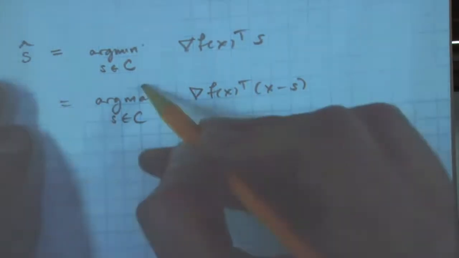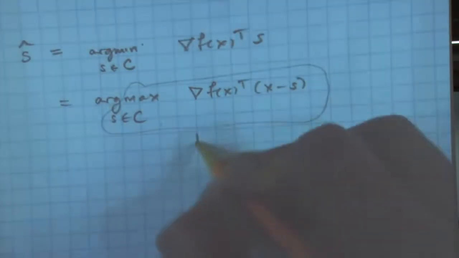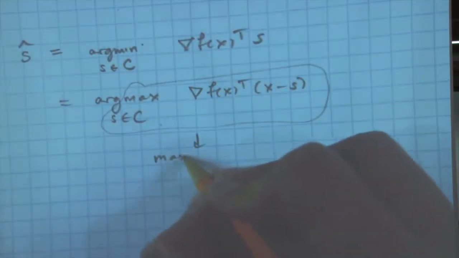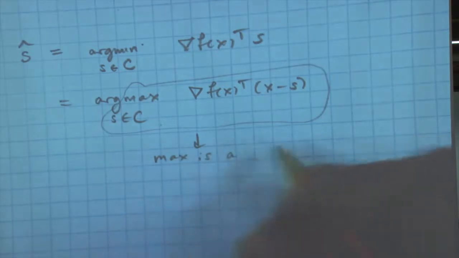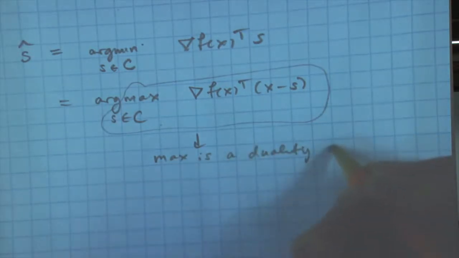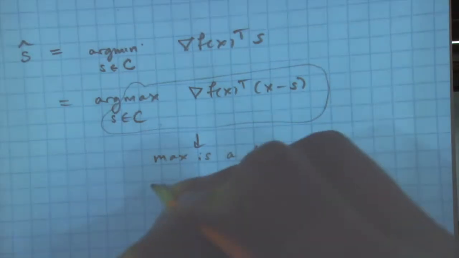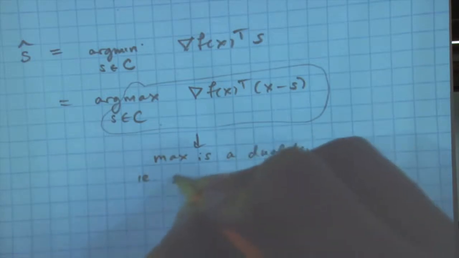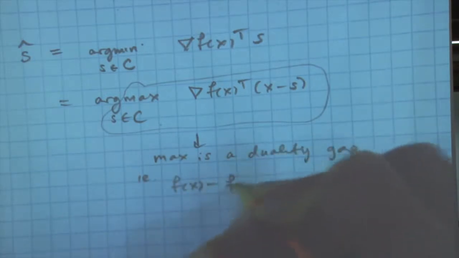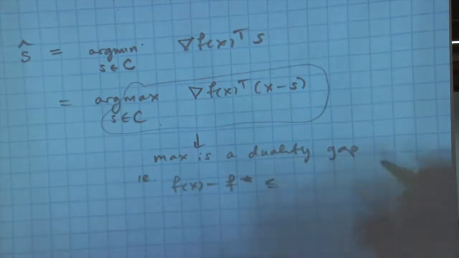It turns out that actually this quantity, the max, not the argmax, just the max, is a duality gap. So in other words, if I look at f of x minus f star, that's smaller than or equal to this quantity.